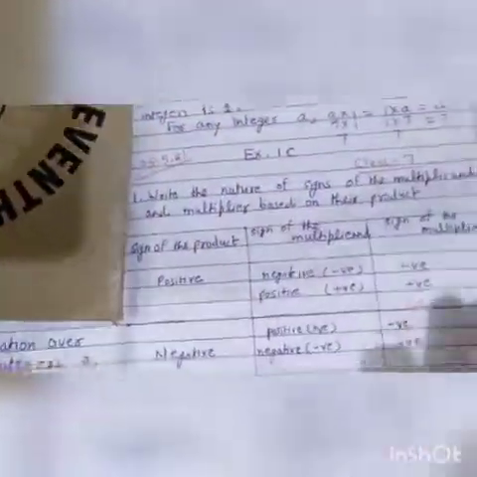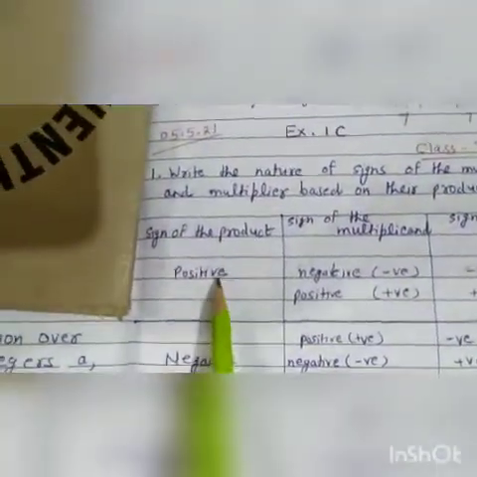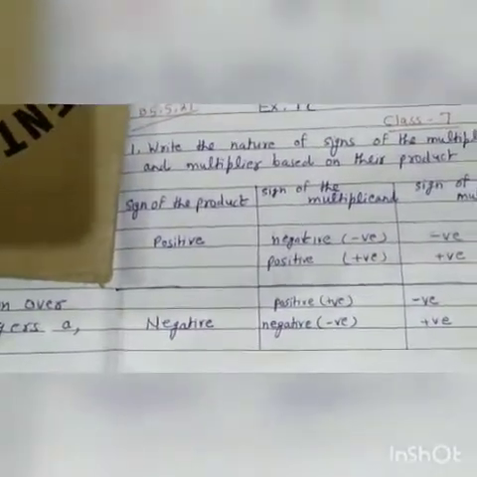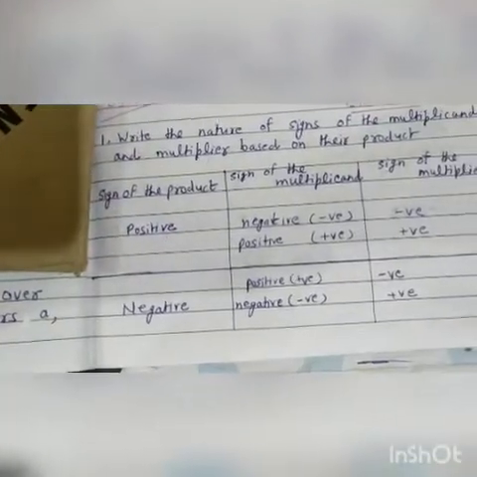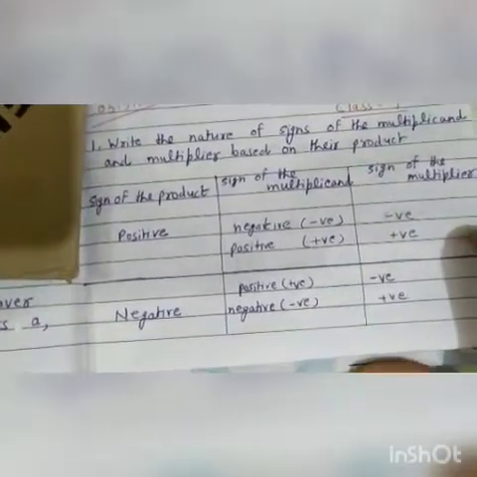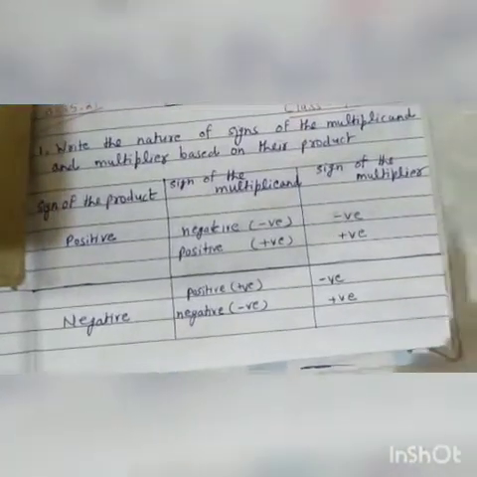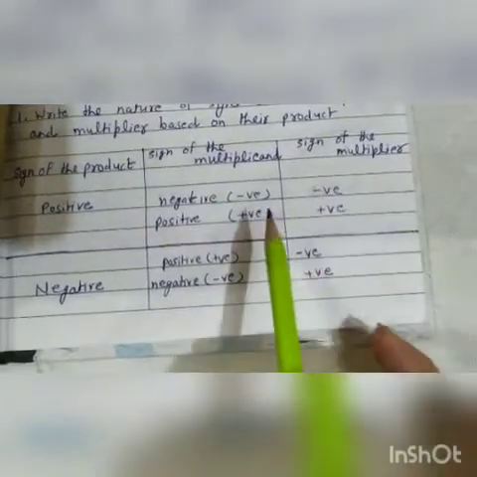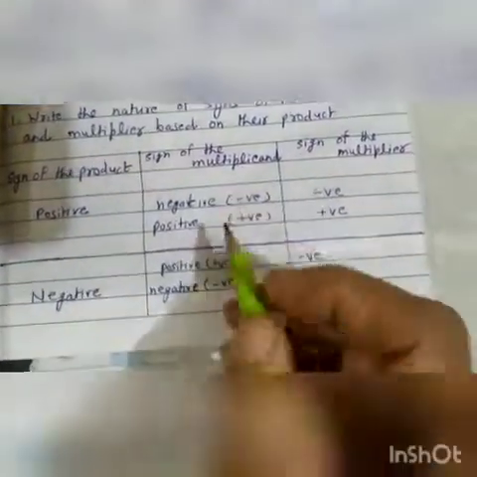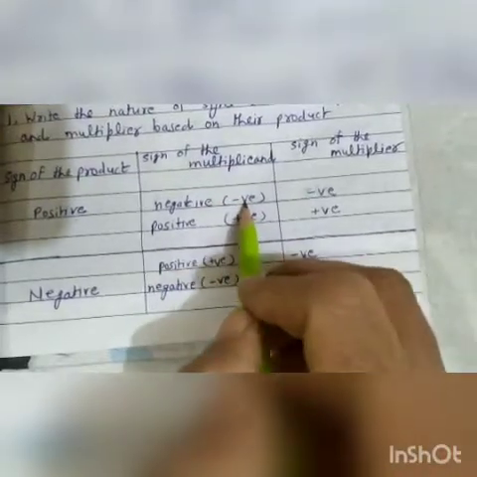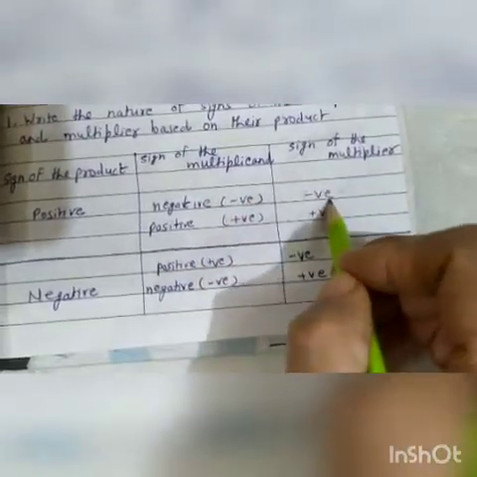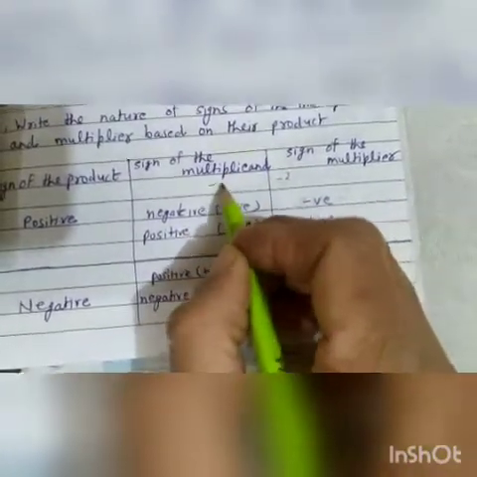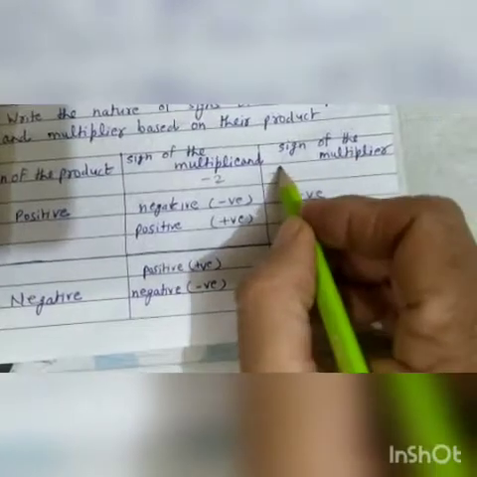See here. If the sign of the product is positive, I told you in the rules, when we multiply two negative integers or two positive integers, the sign of their product is positive. Suppose the multiplicand is negative and the multiplier is also negative. For example, multiplicand minus 2 and multiplier minus 3.